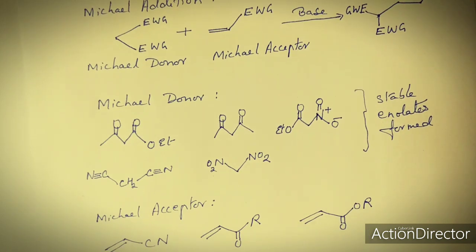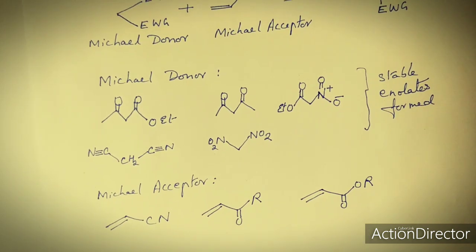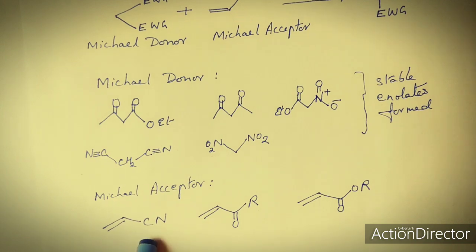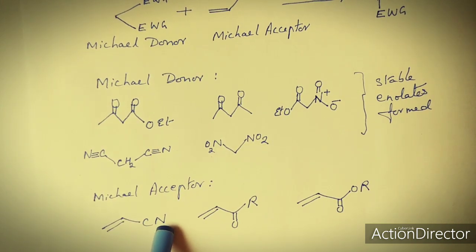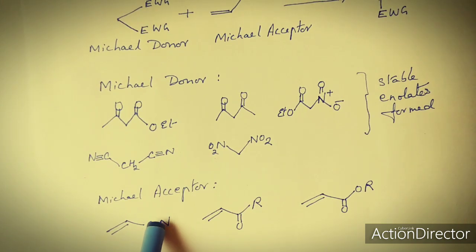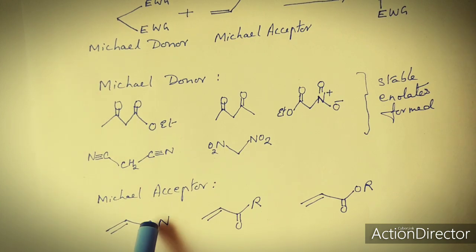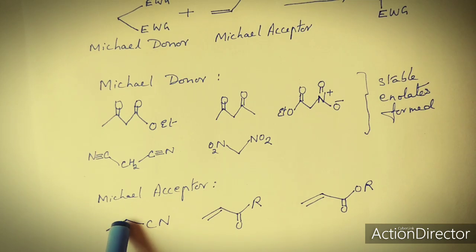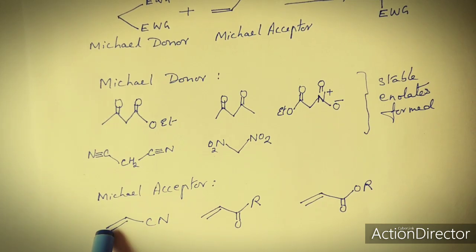Now this is the Michael acceptor. The Michael acceptors, as seen here, are alpha-beta unsaturated compounds attached to electron withdrawing groups. The electron withdrawing group can be a carbonyl or any other. Here it is CN, a nitrogen and carbon triple bond. These pi bonds will be pulled towards nitrogen, and this carbon in turn will become positive and attract this electron pair towards itself, so that this becomes positively charged.